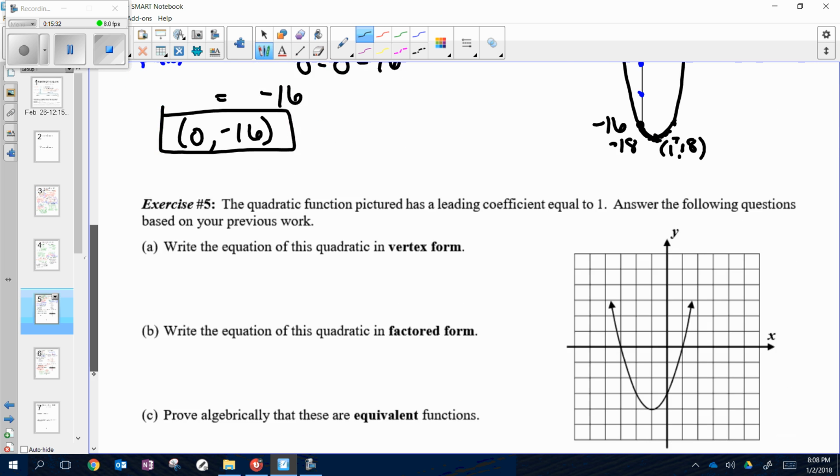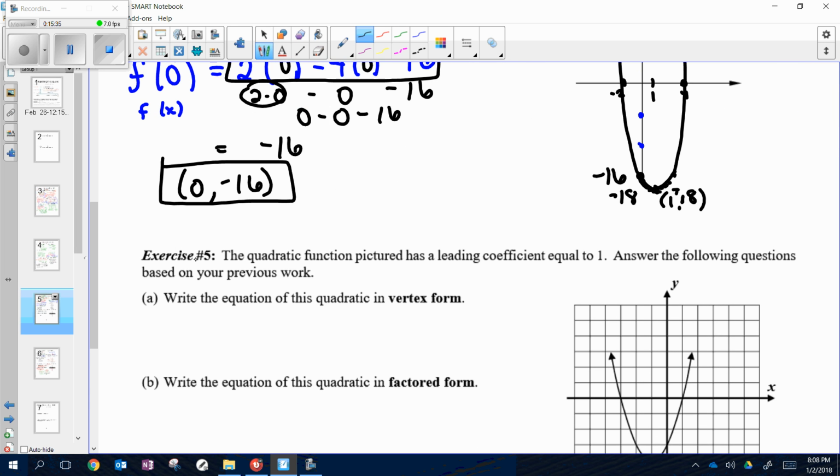All right, last example here, exercise 5. The quadratic function pictured has a leading coefficient equal to 1. So that makes me think quadratic function, leading coefficient is a 1. Write an equation in vertex form. Y equals vertex form.